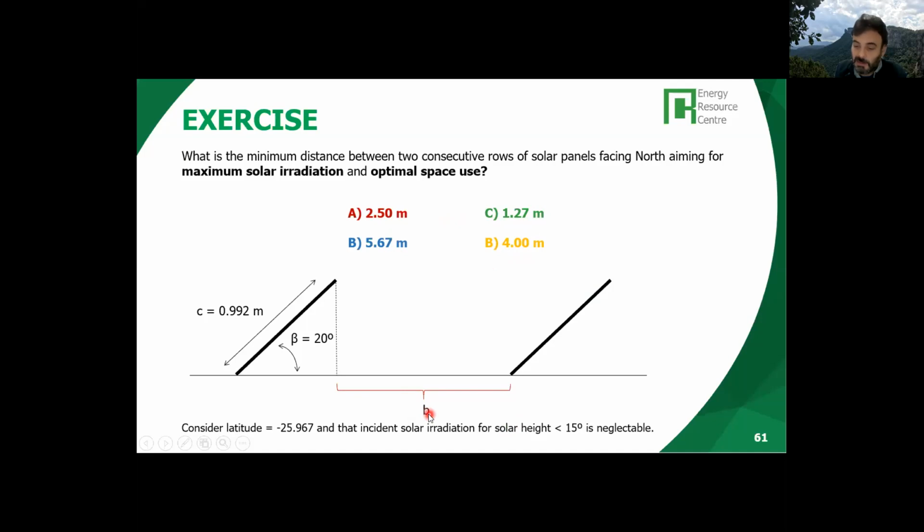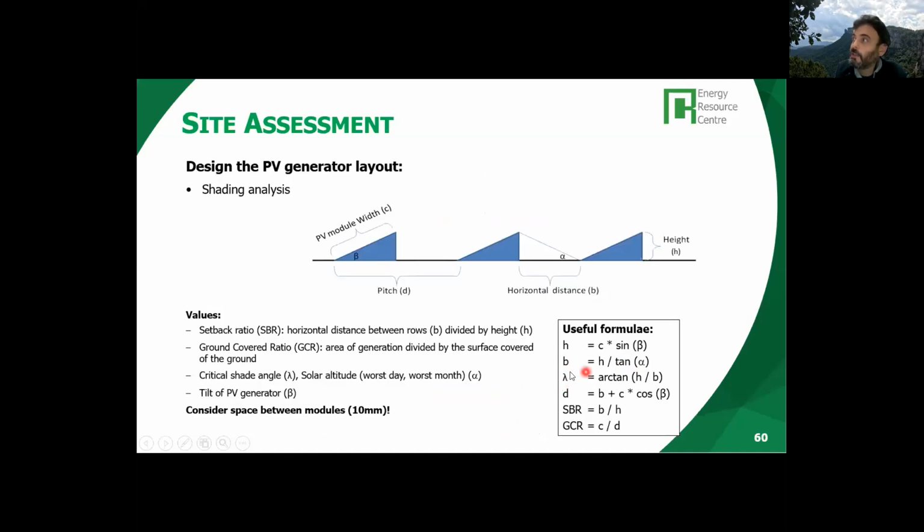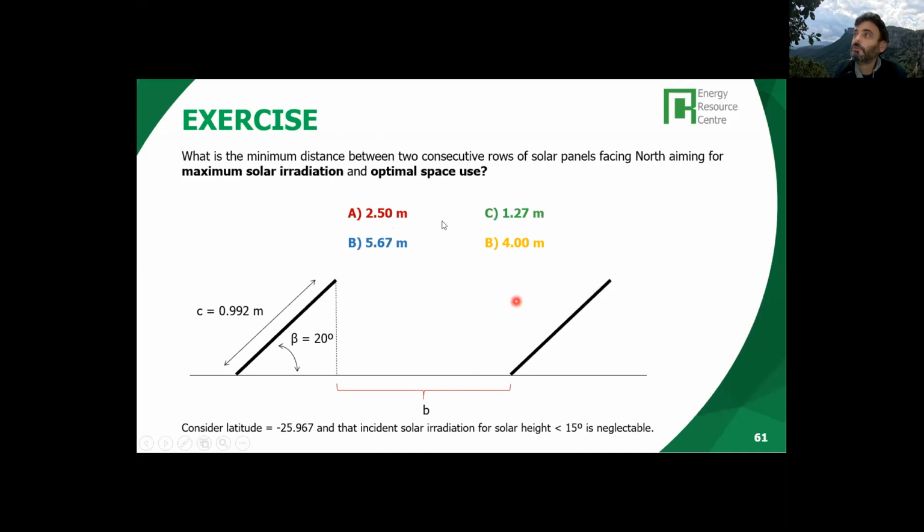I'm asking about value B, and for that you need H, which is C sinus of beta, and then you need the tangent of angle alpha. Angle alpha, you can take it as 15 degrees. So, colleagues, what do you think? Which option is the correct one for this exercise?